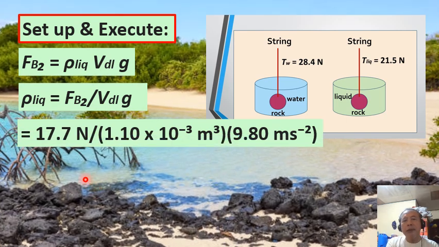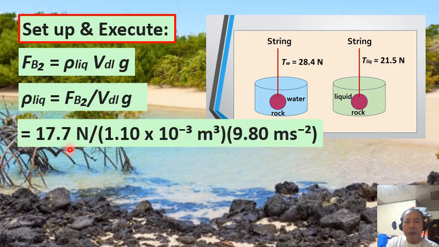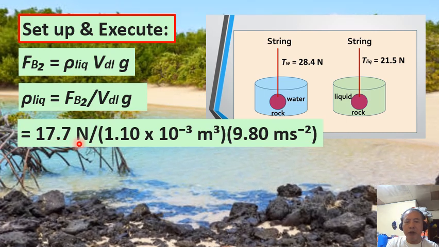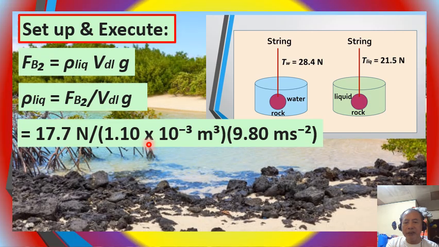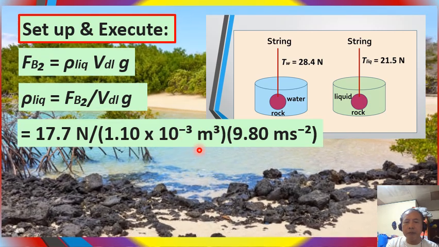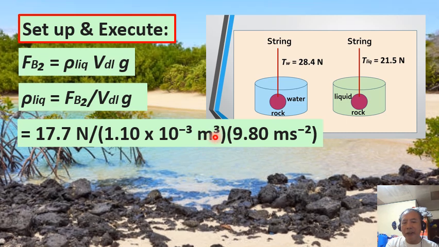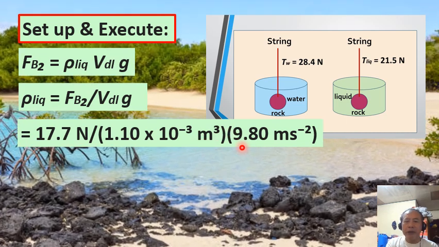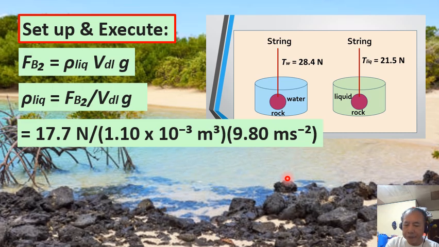So substituting the given quantities, F sub B2, which is 17.7 newtons, divided by 1.10 × 10^-3 meter cubed, this is the volume of the liquid displaced, and then multiplied by acceleration due to gravity, 9.80 meters per second squared.